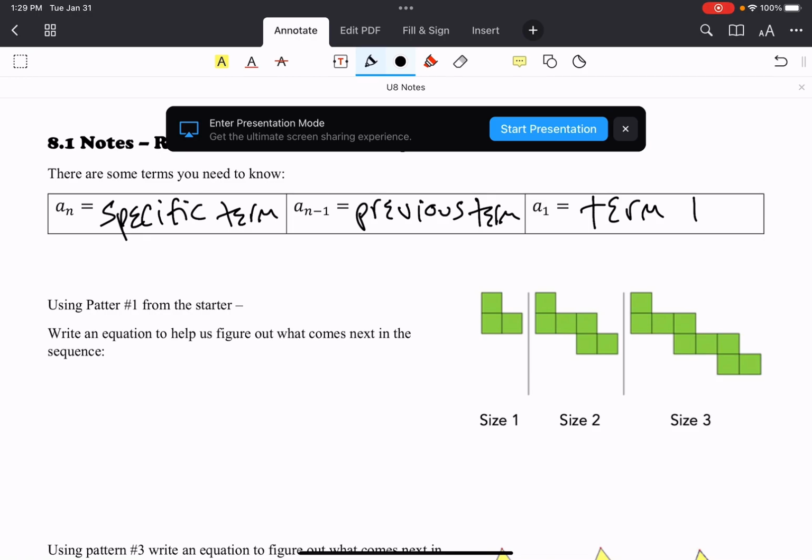Okay. We're going to write an equation now, a formula for our sequence on the other side. So if I want to find a specific term in a sequence, and this is the sequence from the first one, you guys told me that I just add 3 every time, right? Add 3 to what?